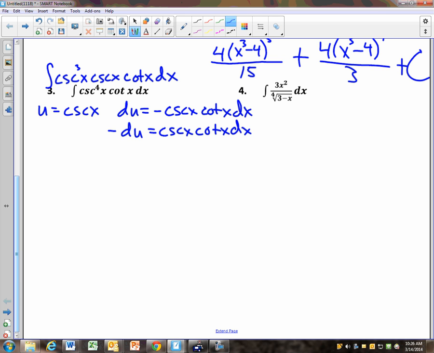Do you see what I did? So instead of having a u to the 4th, it's going to be u to the 3rd. And I've got my cosecant cotangent sit right there.